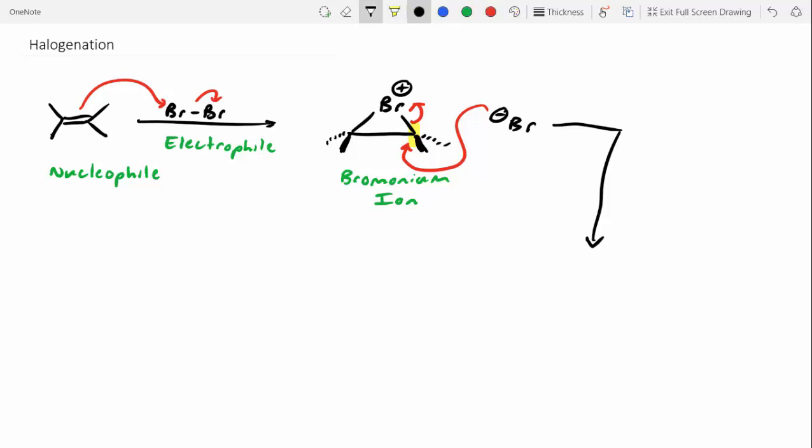So our final product from this reaction has bromines that are added to opposite faces of that original alkene. So if we look at this, we could say, all right, this bromine's on the opposite side of the alkene from that bromine, so we refer to this as anti-addition.